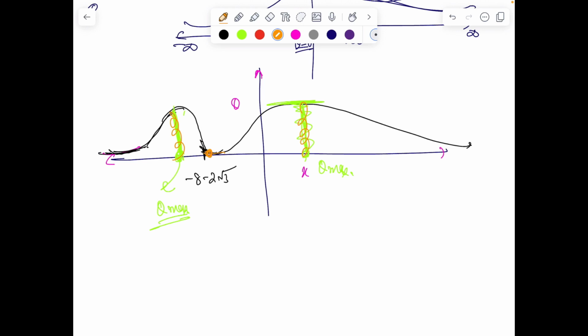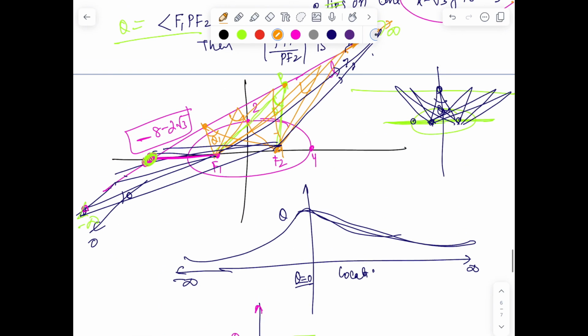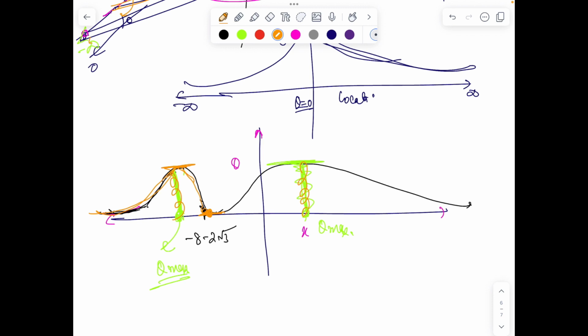This can be easily seen because it's 0 over here, and again it has to go to 0 at minus infinity. So the angle must first increase and then decrease. And that you can easily see because as you are increasing, first the angle is increasing, and effectively at minus infinity it still has to die. So without calculus, we know roughly the theta versus location will more or less be like this.